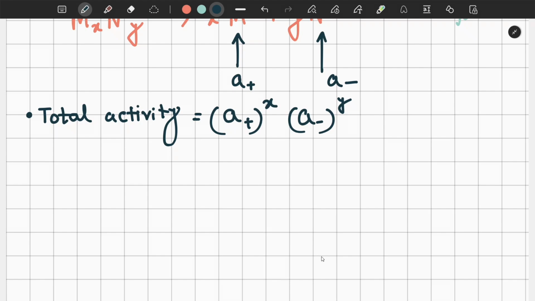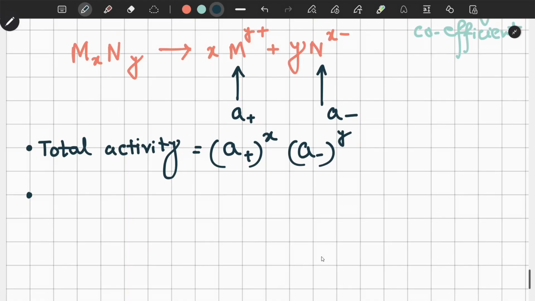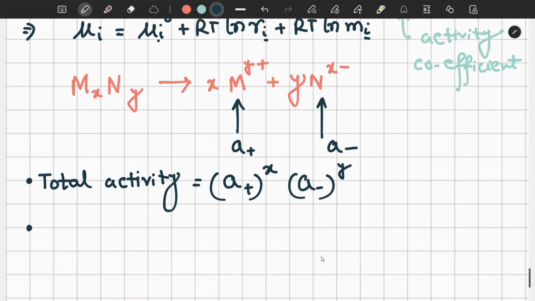Next, just understand it. It is not very difficult, but it is very confusing. Instead of x cations and y anions, you can think there are actually x plus y number of ions, correct? So you can think of it like an average activity.